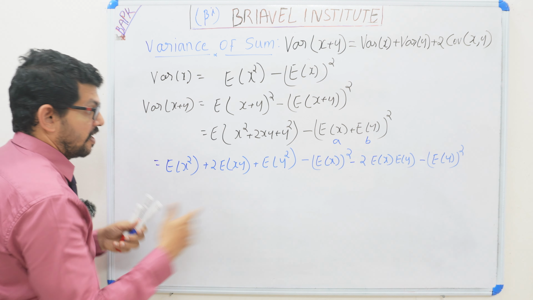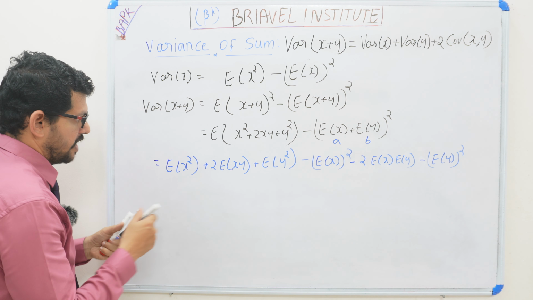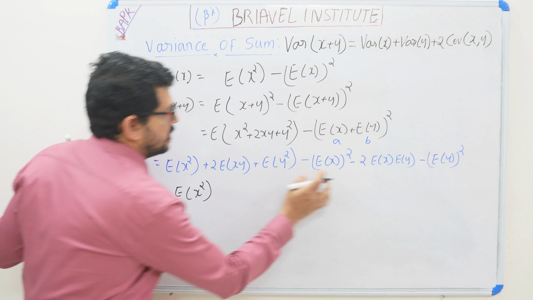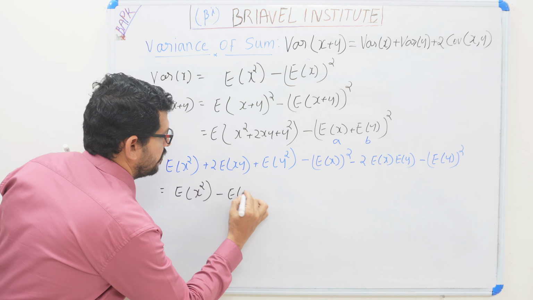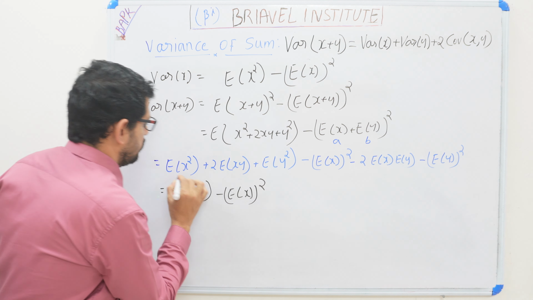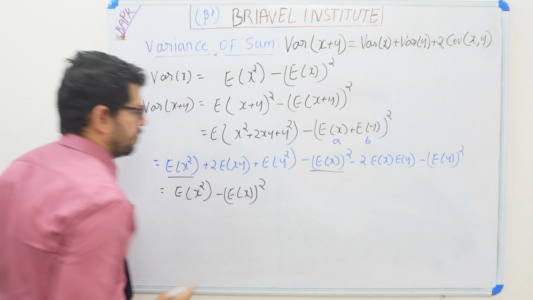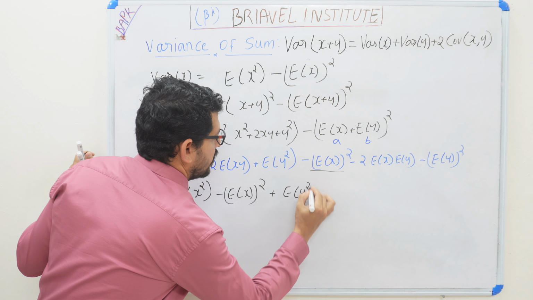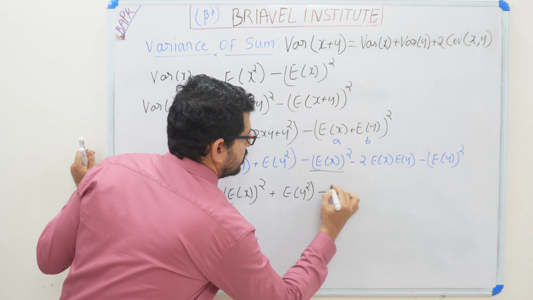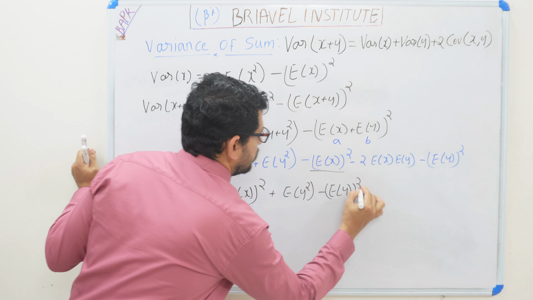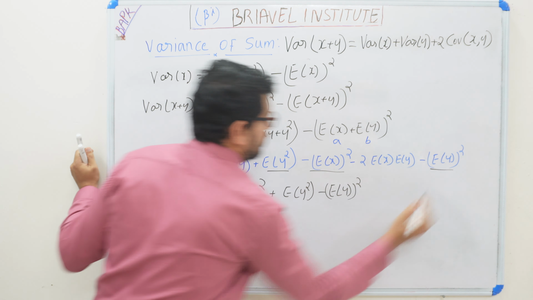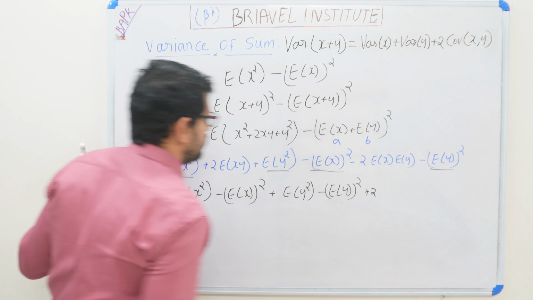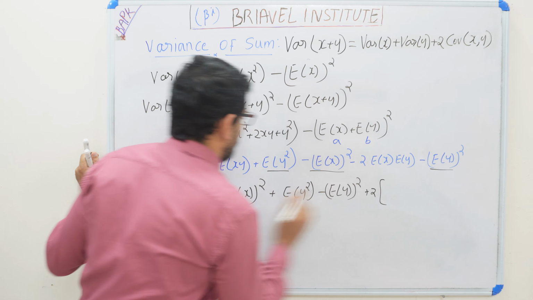Now it's just rearranging. How can we rearrange? Expectation of X square and taking minus of expectation of X whole square. So this 2 times is taken, plus expectation of Y square minus expectation of Y whole square. So I took this term and this term, plus 2 times. 2 is taken outside.